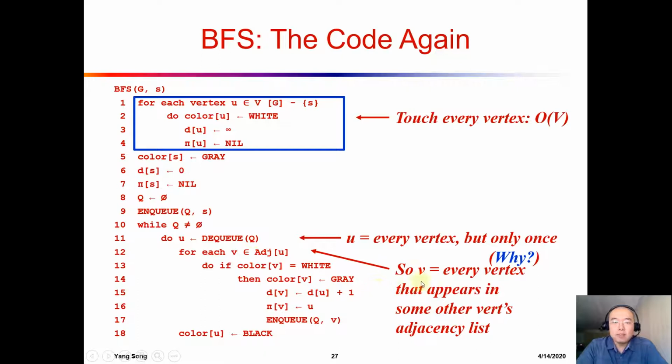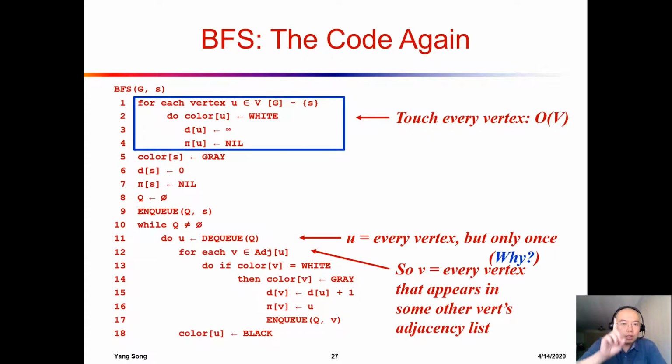So the total number of the v we have to visit, what is it? If we are using the adjacency list, what is the total number of the v we have to touch? That is actually the total number of the edges. Why?